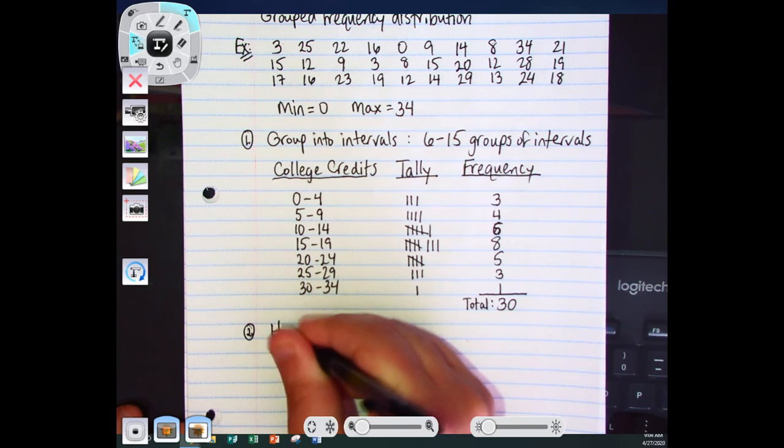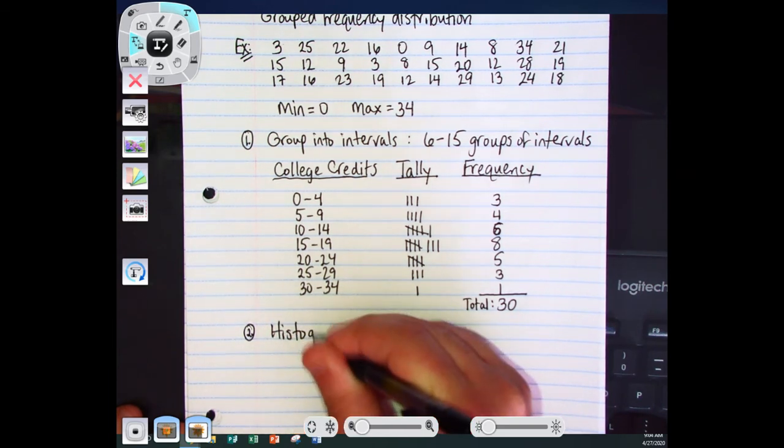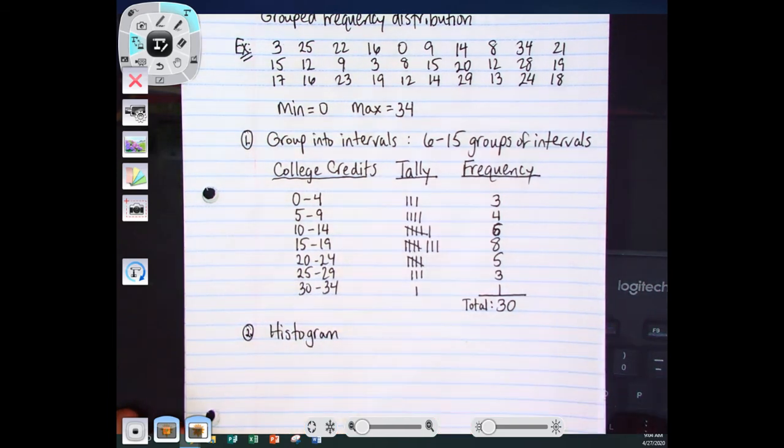So the next step they may ask you to do here is create a histogram. So remember, a histogram is where we look at creating intervals of data and use the counts, the bars here.